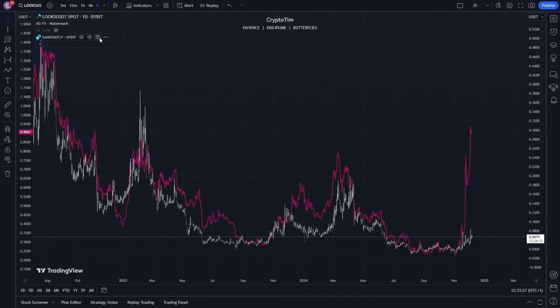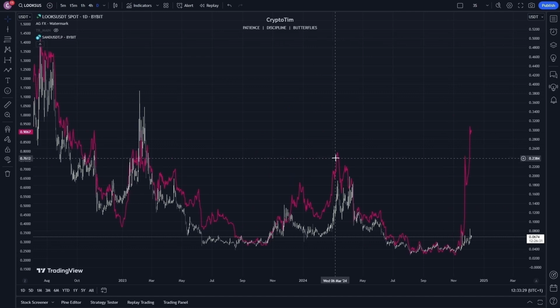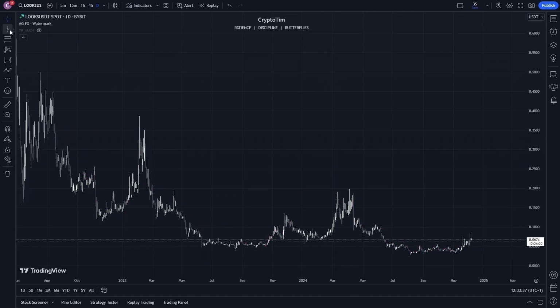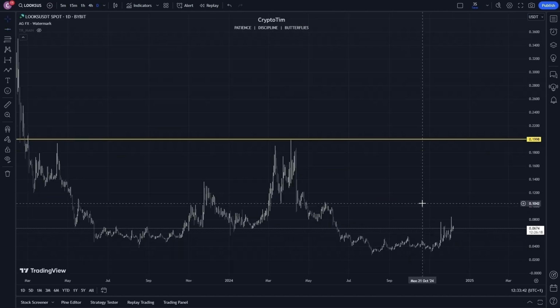So now we know there's a potential boom coming. We see Cent here has taken out its March highs. The March highs are also there for Lux, for example, already, so that can be a potential TP target.